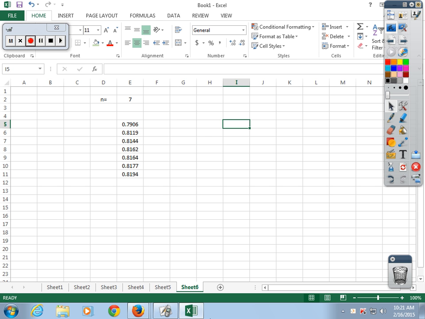So I'm going to go over here and I'm going to put mean, median, mode, range, mid-range, variance, and standard deviation.